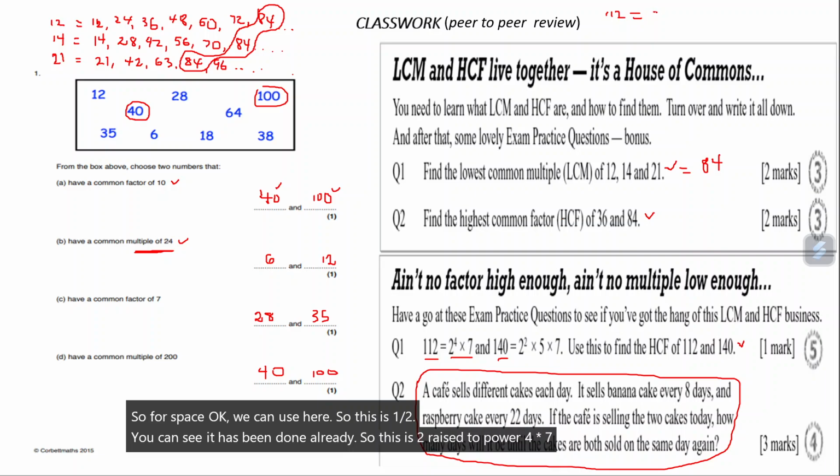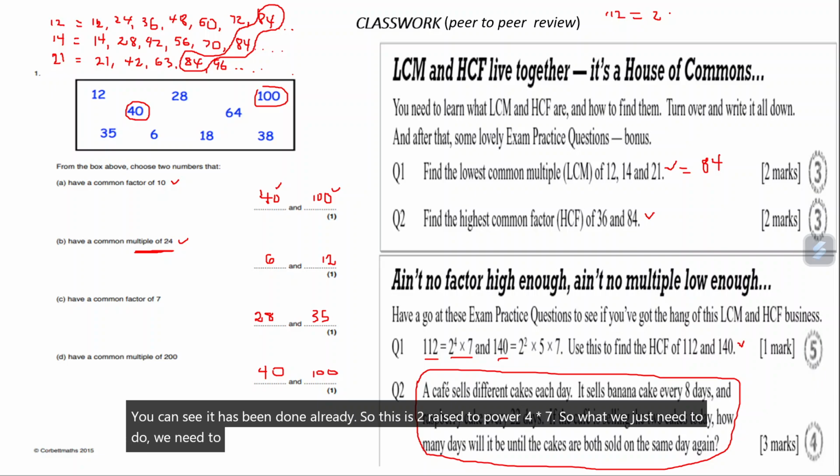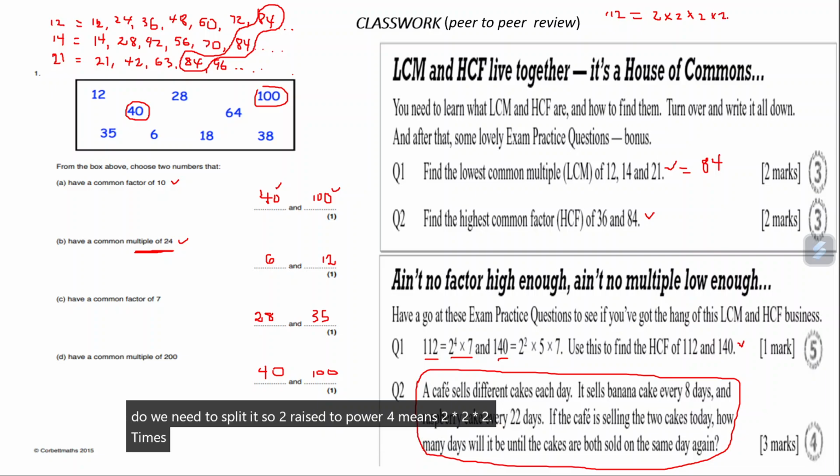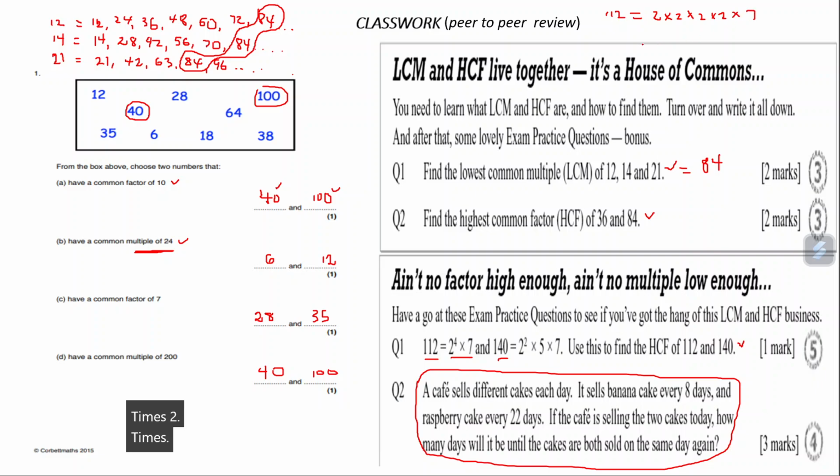So what we just need to do is split it. So 2 raised to power 4 means 2 times 2 times 2 times 2 times 7. Then we look at 140, which is given already.